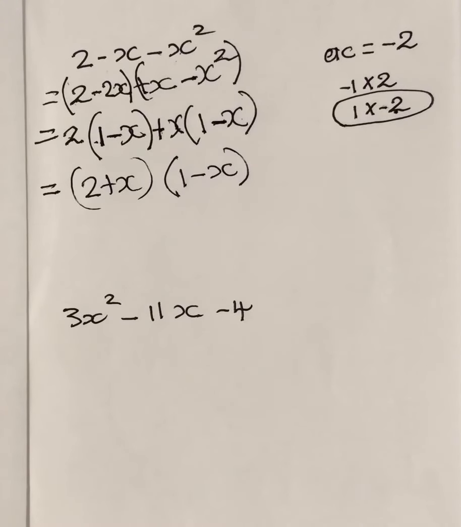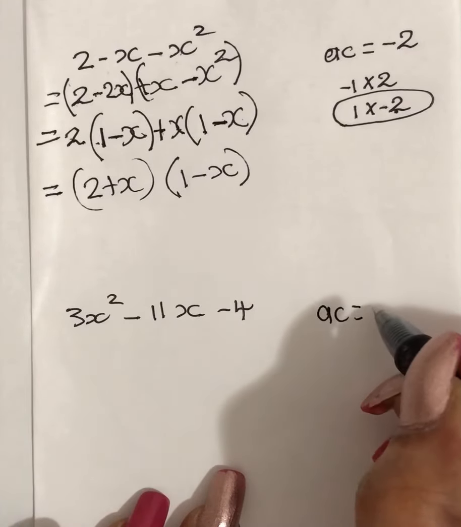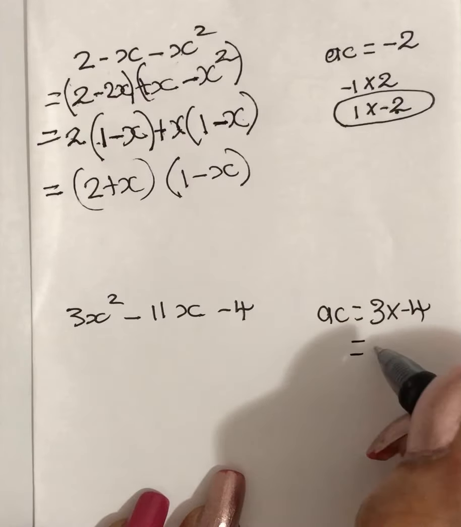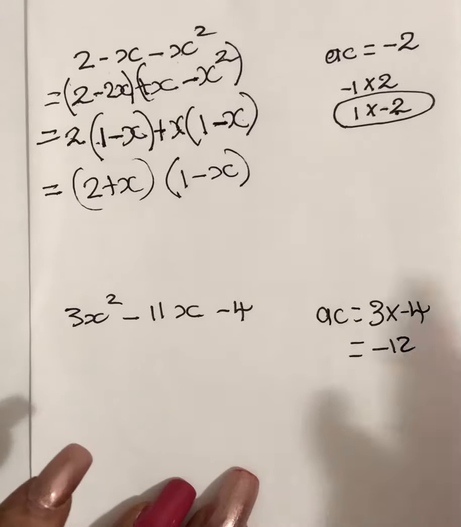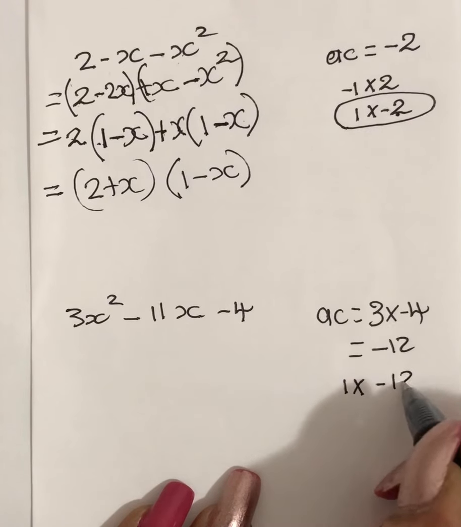In this case, my a is greater than 1. My a is 3 and my c is negative 4. So my AC is negative 12. I come up with my factors. 1 multiplied by negative 12.